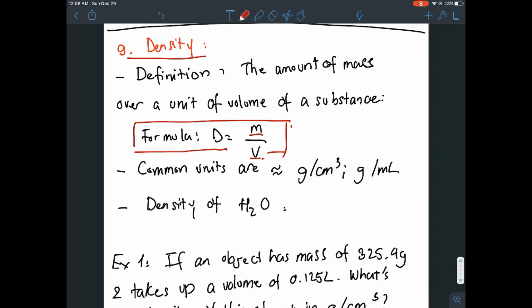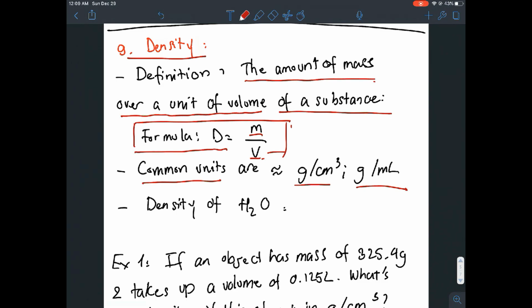That means the definition is based on that as well. It is defined as the amount of mass over a unit volume of a substance. The common units of density are gram per cubic centimeter or gram per milliliter.